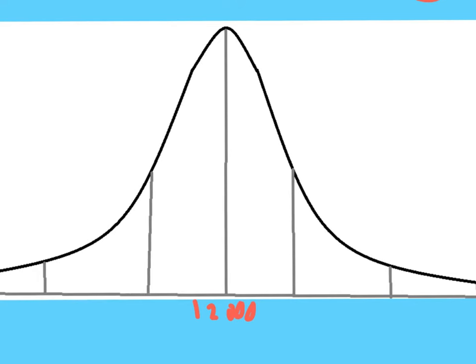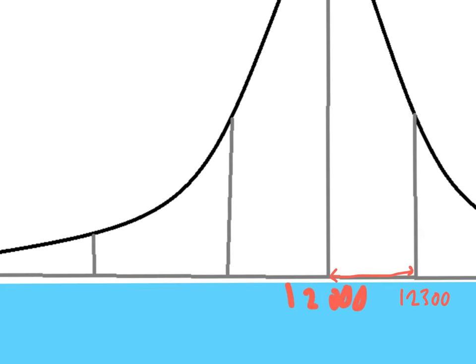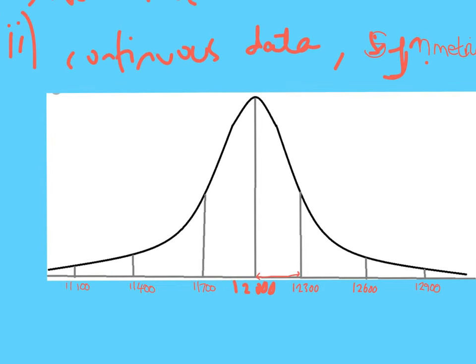What that means is the distance here is 300. So that's 12,300, that's 12,600, and that's 12,900. And likewise, it's 300 here, so that's 11,700, 11,400, and 11,100.